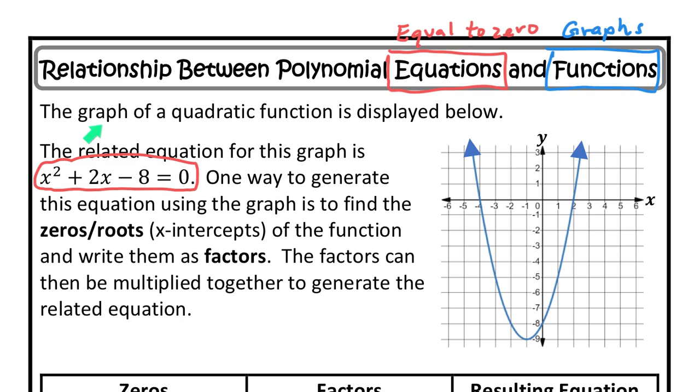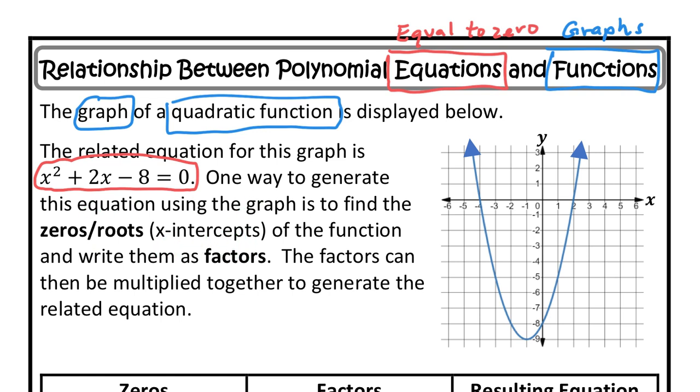Okay, so the graph of the quadratic function is displayed below. The related equation for this graph is the following. Equation equal to 0. One way to generate this equation using the graph is to find the zeros, or sometimes they're called roots, but we know them as x-intercepts.